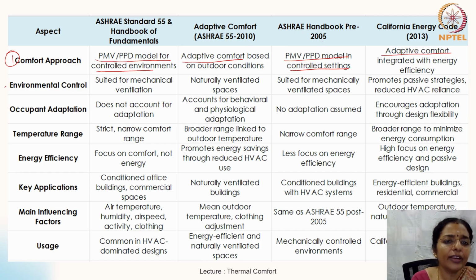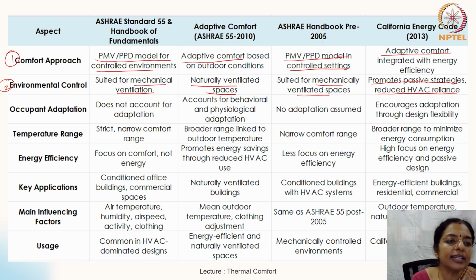If we look at environmental control, the ASHRAE Standard 55 is valid only for mechanical ventilation, just like the 2005 handbook, whereas the Adaptive Comfort ASHRAE model is valid for naturally ventilated spaces, and California Energy Code promotes passive strategies to reduce HVAC reliance.